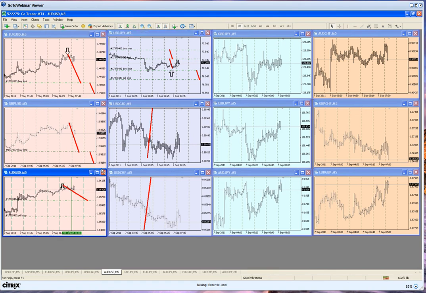Then I have a group where the USD is the first currency, so they also are in a type of family from that perspective, and they should also act in the same way. And you can see the profile of the franc and the profile of the CAD more or less the same.